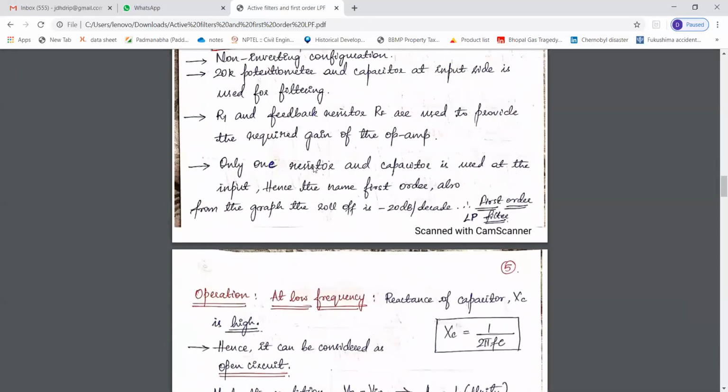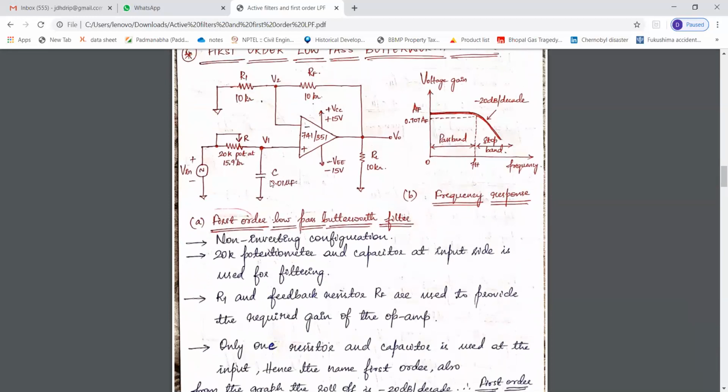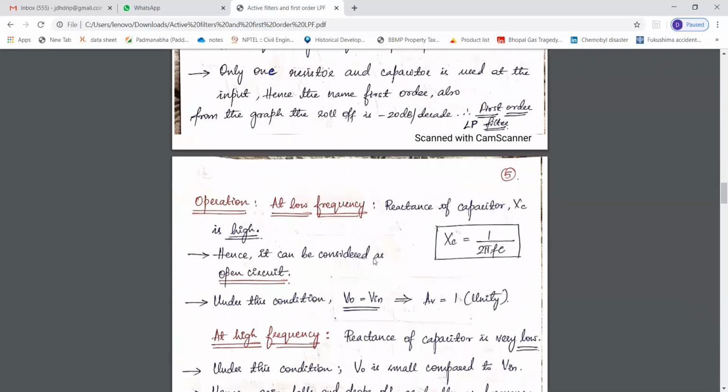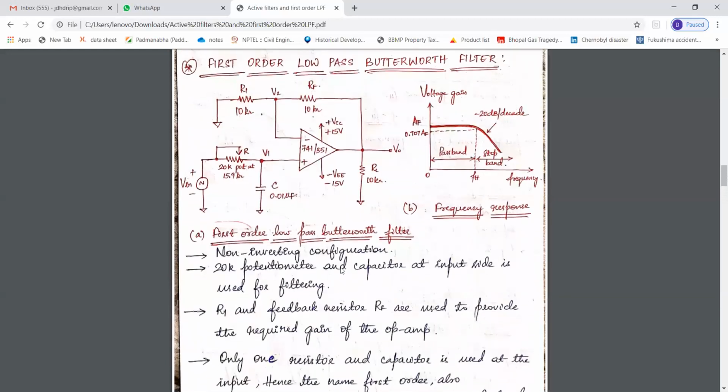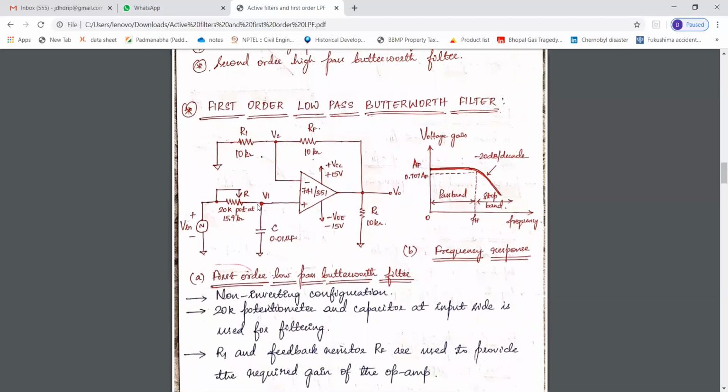At low frequency, this capacitor, as you can see here, will have a reactance which is very high. The formula for reactance is Xc equal to 1 by 2 pi f C. Now, if this frequency is very low, this reactance will be very much high, isn't it? So this capacitor is considered as open circuit.